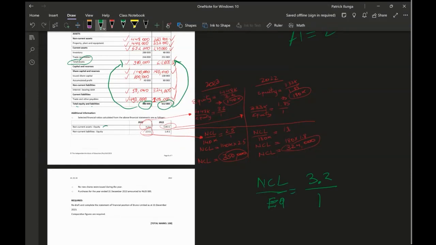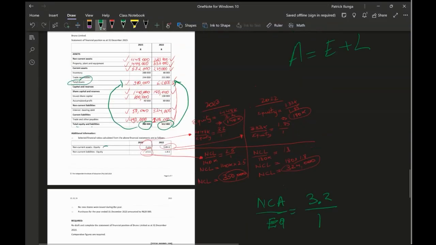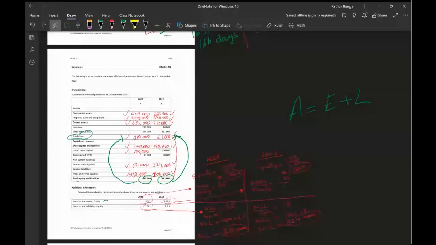What do you have? You have the non-current assets. Sorry about that. It's non-current asset divided by equity. What do you have? You have the current asset. How did you get the current asset? Well, you got it because they gave you the inventory plus the trade receivable.